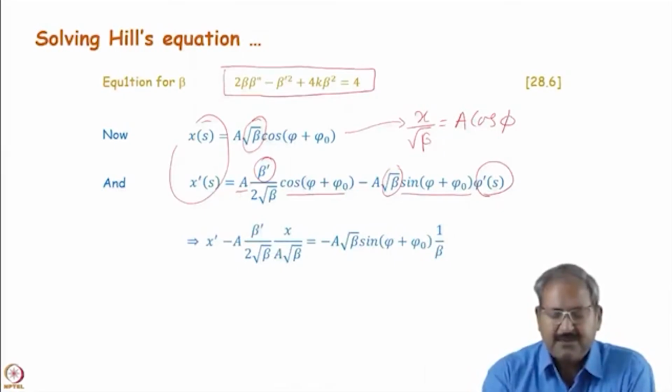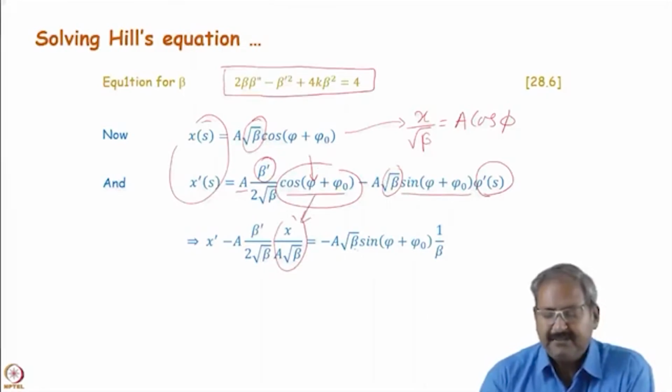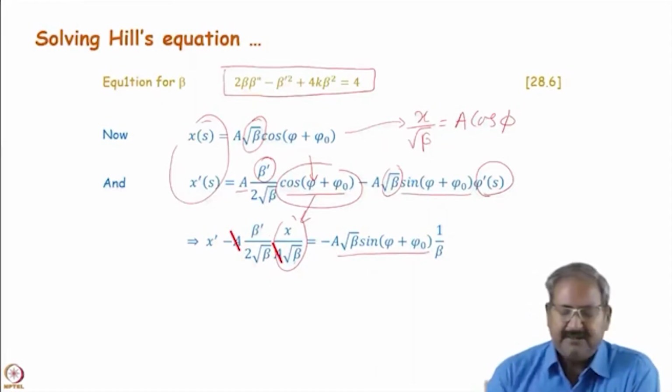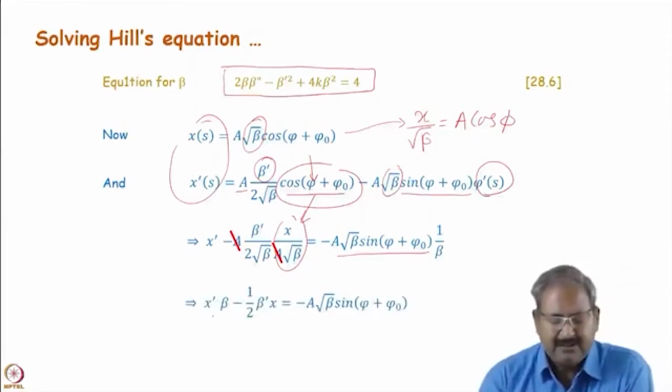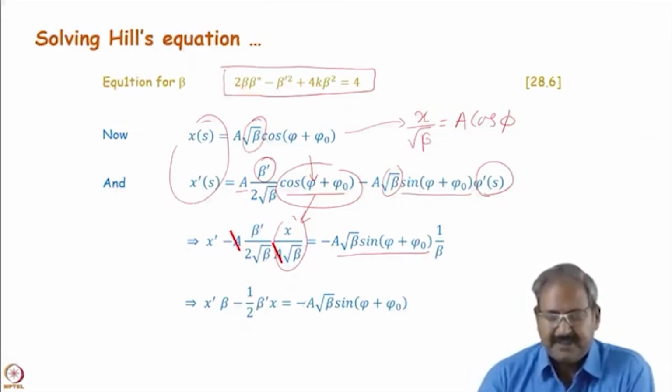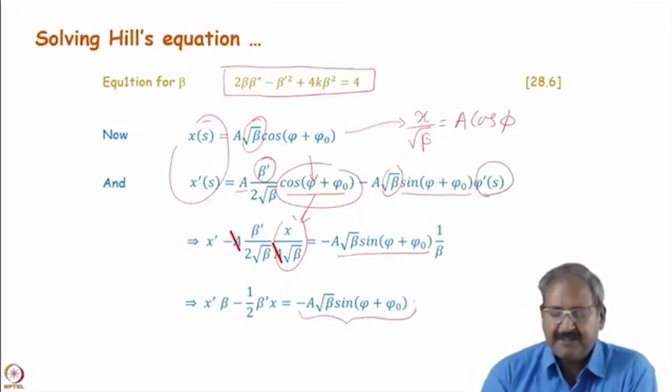This a root beta cos of phi plus phi naught can be put in the form of x upon a root beta in this equation, and when we put x upon a root beta in place of cos phi, we will have only a sine term in the equation. This a and a will cancel out. So finally you will get x prime beta minus half beta prime x is equal to minus a root beta sin of phi plus phi naught. This is exactly what we wanted. Now the right-hand side contains only a sine term, and the other side contains only a cos term.